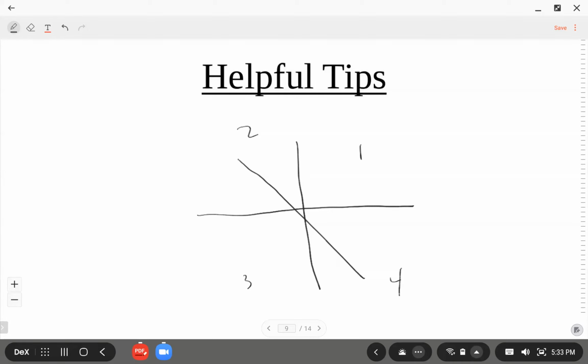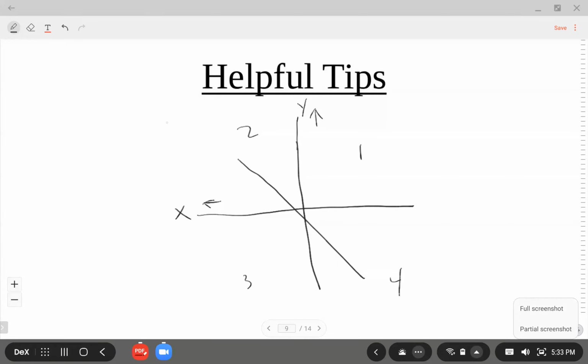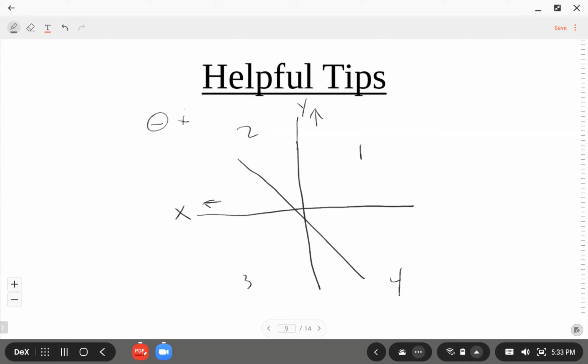Let's look at quadrant 2. This is the y-axis right here, and this is the positive y-axis because it's going up. But this is the negative x-axis because it's going left, not right. So quadrant 2 contains a negative and a positive.